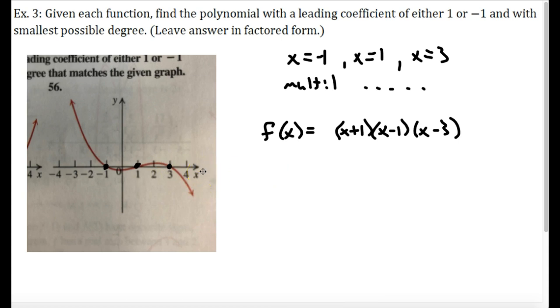Those are the characteristics of a negative odd graph, or a negative odd degree. So in this case, I need to throw a negative sign out front. So we need to first look at the zeros, check their multiplicities, and then see whether I should have a positive or a negative out front. And we get that from the end behaviors. So why don't you guys take a look at the next two here.